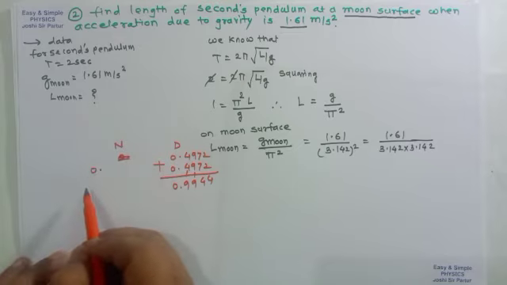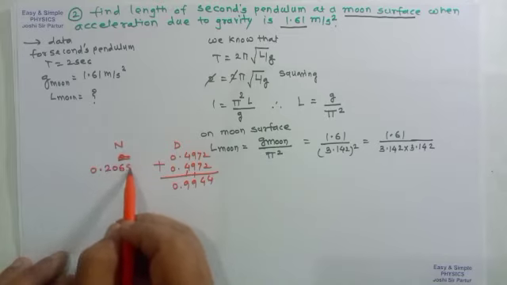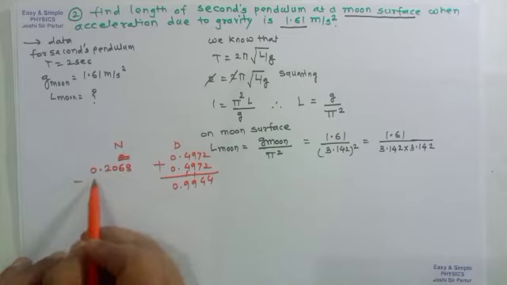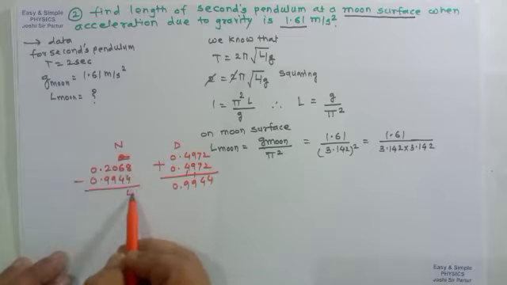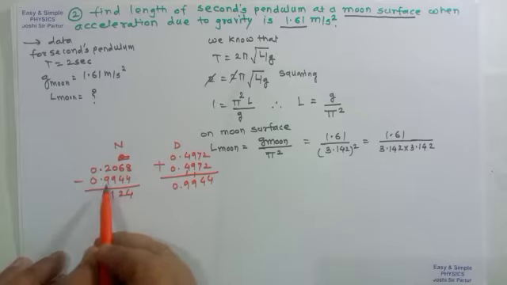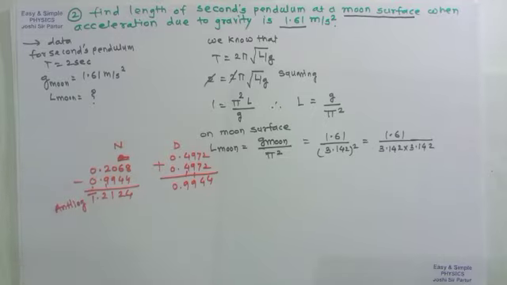But here, seeing the logarithm of 1.61, that is 0 point, it will be 2068 minus 0.9944. So 4 is remaining, 2 is remaining, 1 is remaining, 2 is remaining, bar 1. Take its antilog. Antilog of 0.21 in 2, 4 is in mean difference.